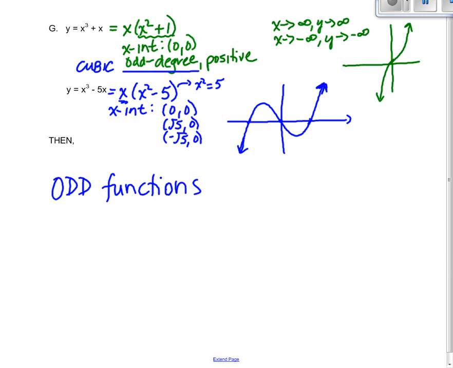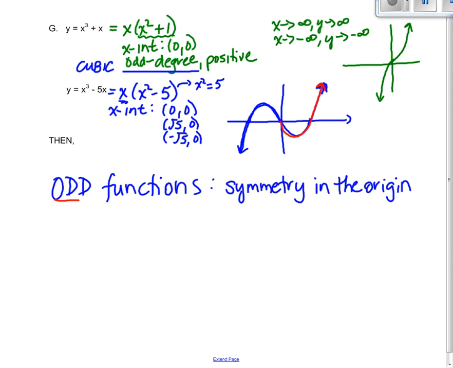An odd function, not just weird, it has symmetry in the origin. So if we could flip this part about the origin, we have a symmetric graph over here. We call that an odd function.